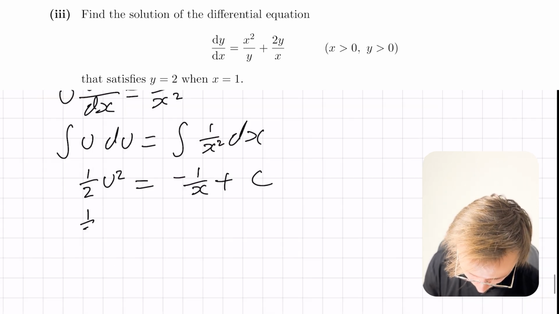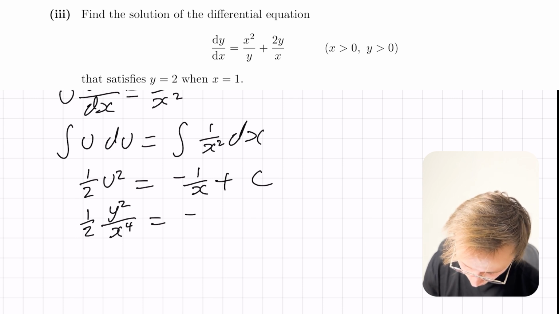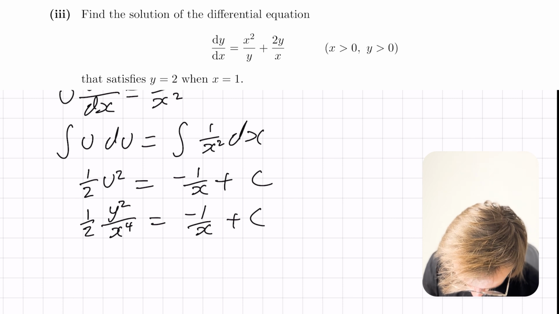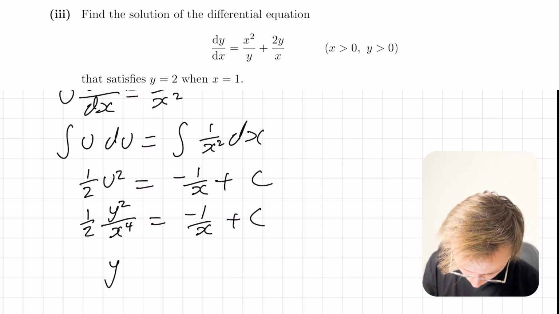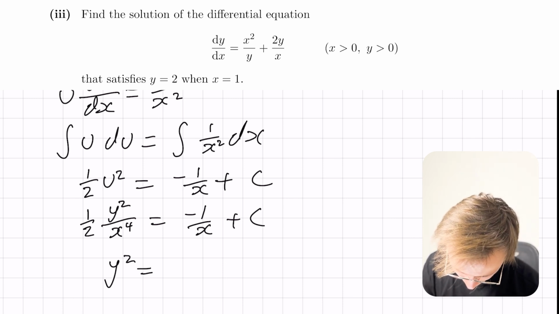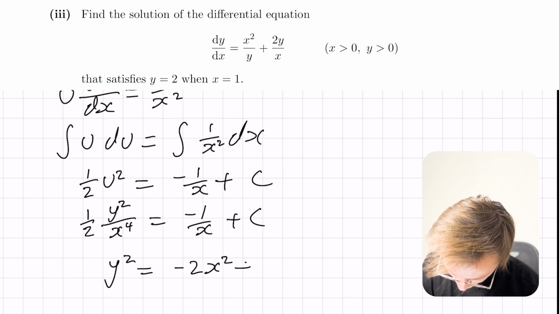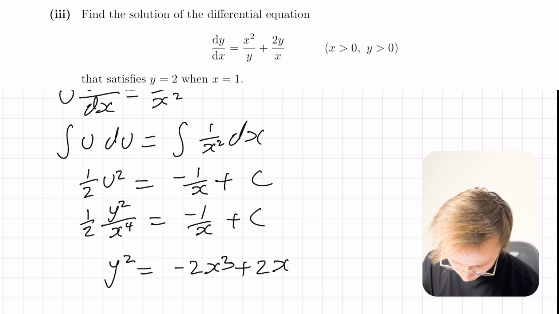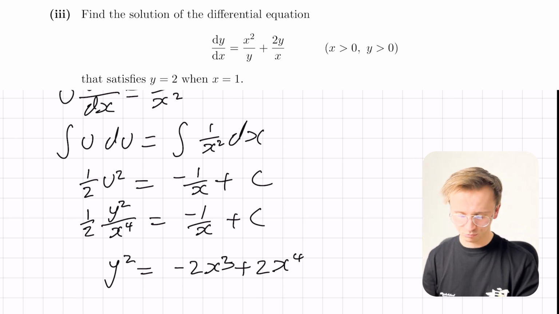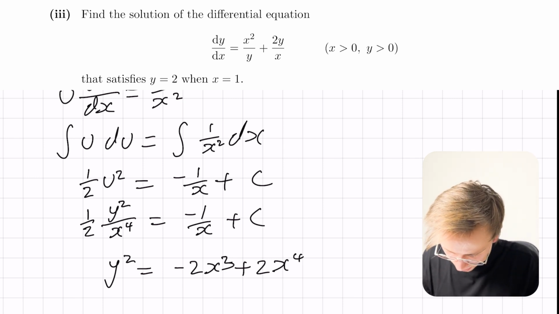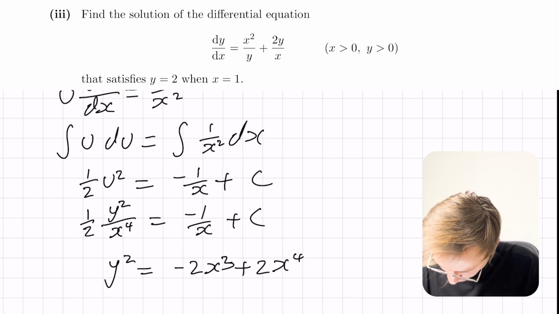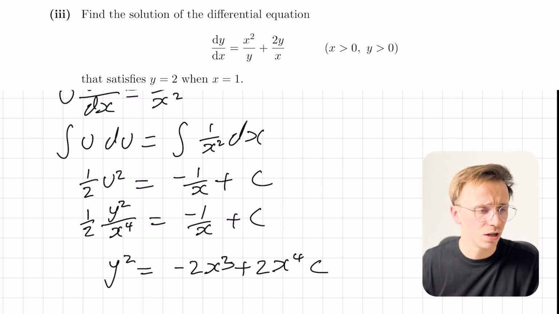So I've got a half y squared over x to the power 4 equals minus 1 over x plus constant. Rearranging for y, just because it's neater. Y squared equals minus 2x cubed plus 2x, should be cubed, minus 2x to the power 4. Okay, so then, and I should have a c there, nearly forgot.